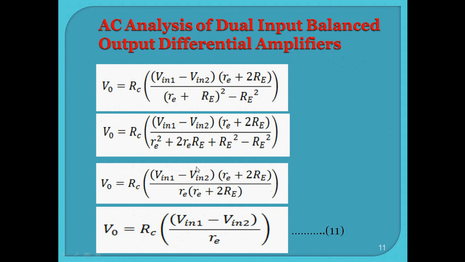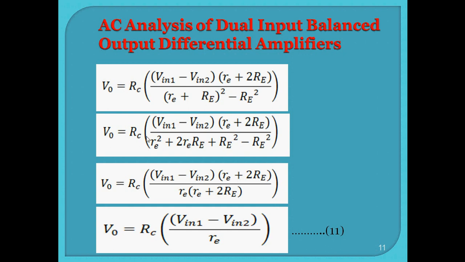After splitting this bracket, a plus b square is nothing but a square plus 2ab plus b square. In the same way we are splitting small re square plus 2 small re capital RE plus capital RE square minus capital RE square.